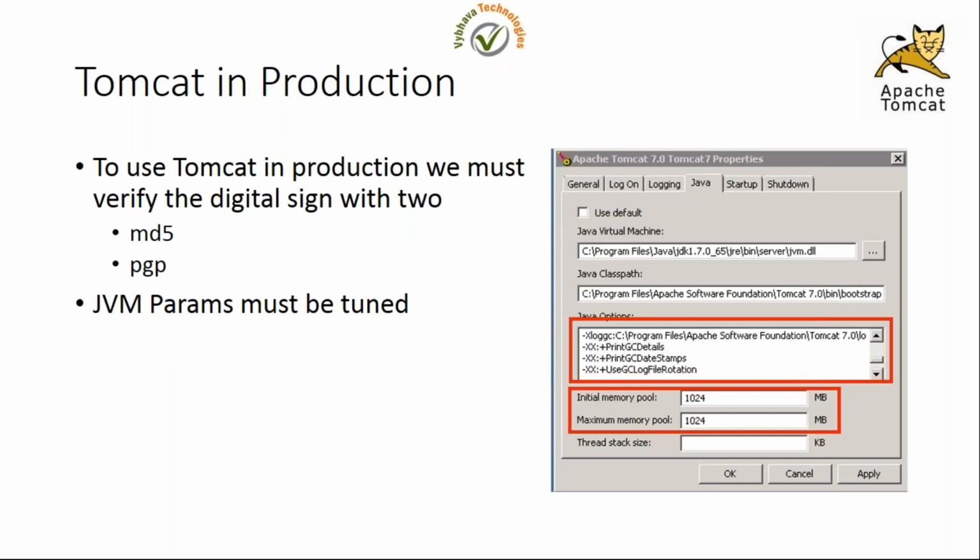When you install for production, you must verify. Why do we need to verify? The Tomcat installer is available from multiple mirrors: Indonesia, India, the UK or US.